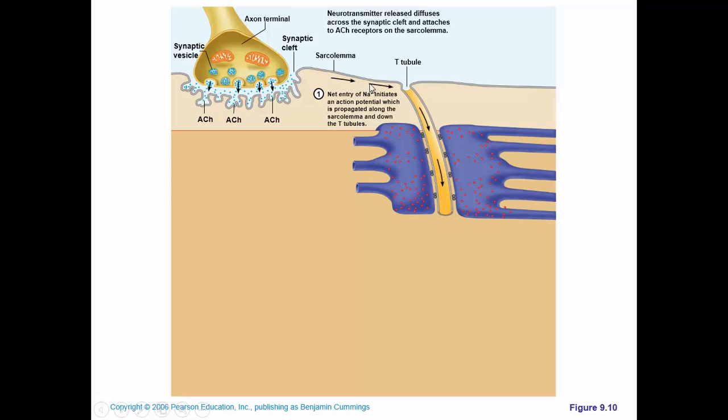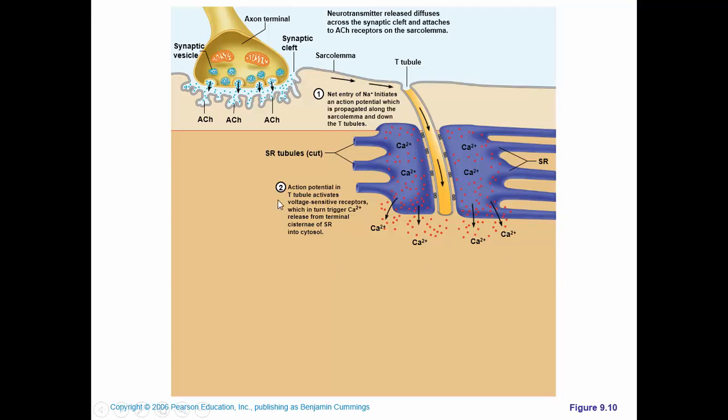So sodium is going to enter, and we're depolarizing all the way down the sarcolemma, and right behind it we're going to be repolarizing, and then it's going to go down the T tubules. And these T tubules are really important because it's going to get to that next fiber so we can get deep into the muscle itself.